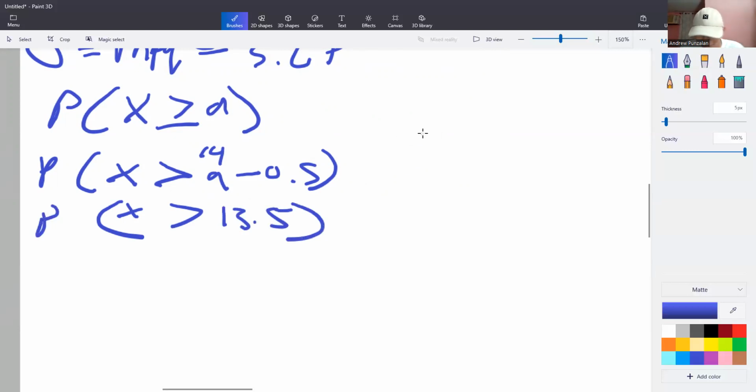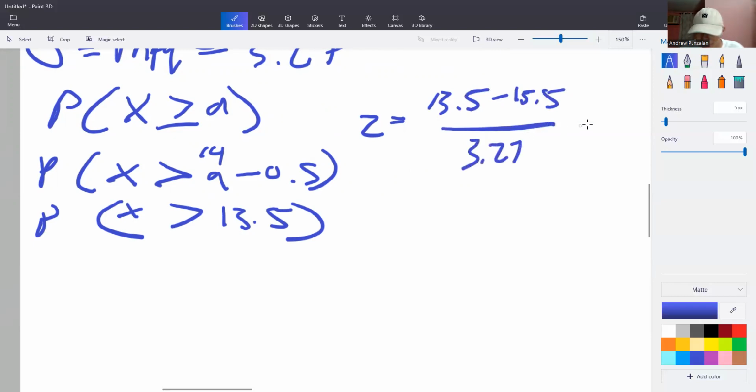Next we find the z values, value minus mean over standard dev. We only have one z value this time. So 13.5 minus 15.5 over the standard dev, 3.27, which is still equal to negative 0.61. We got this earlier in letter A. Next, since it's greater than, we're finding the area to the right of z.